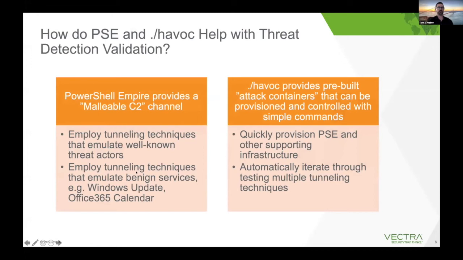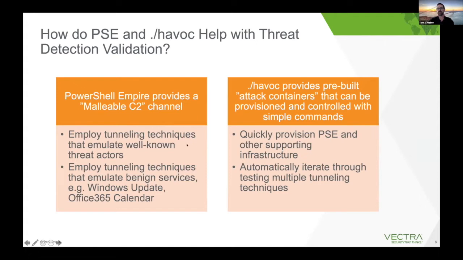Okay, and so how do PowerShell Empire and /havoc help with threat detection validation? Well, I mentioned a minute ago that PowerShell Empire provides a malleable C2 channel, which basically enables you to employ tunneling techniques that emulate well-known threat actors, or to employ tunneling techniques that emulate benign services. So there's two different angles that you can take with this.